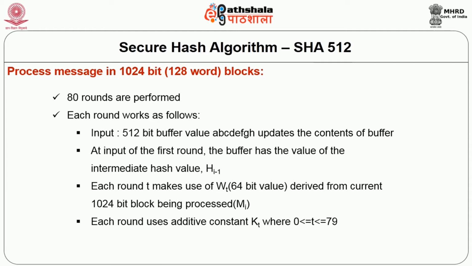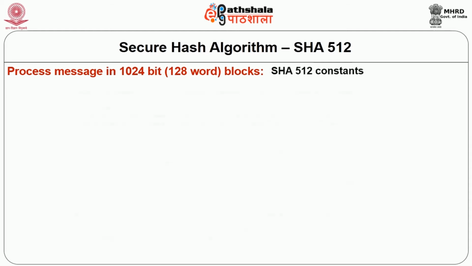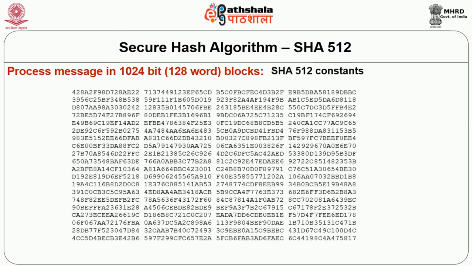Each round, where t denotes the round number, makes use of Wt. Wt is again a 64-bit value that is derived from the current 1024-bit block being processed. We will call it Mi. Each round uses an additive constant. We will denote them by Kt, where t is between 0 and 79. Now the question is, for what purpose are we going to use the constants?